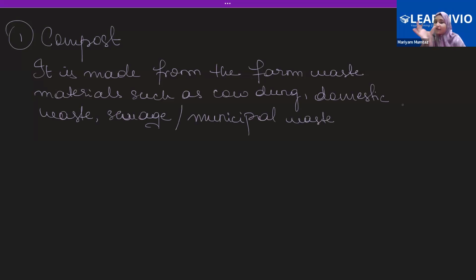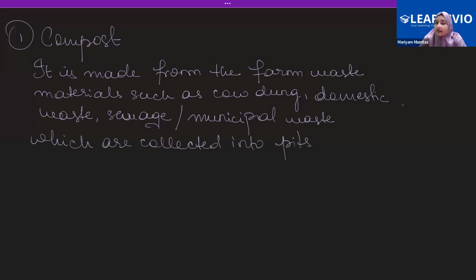And so it is made from these farm wastes, which are collected into pits that are dug in the ground. Dug means the digging has been done, right?